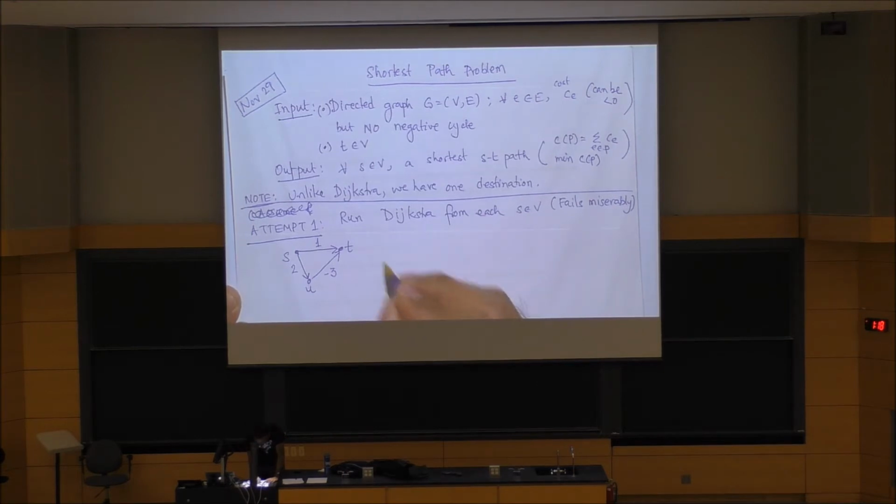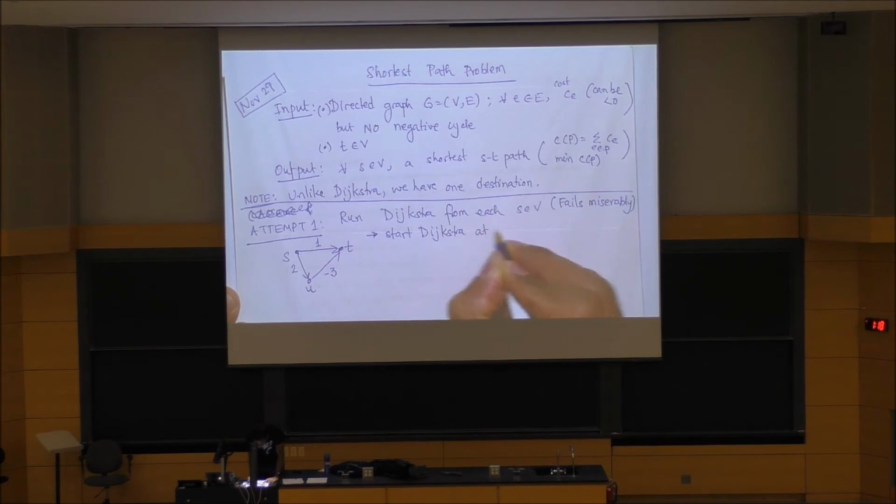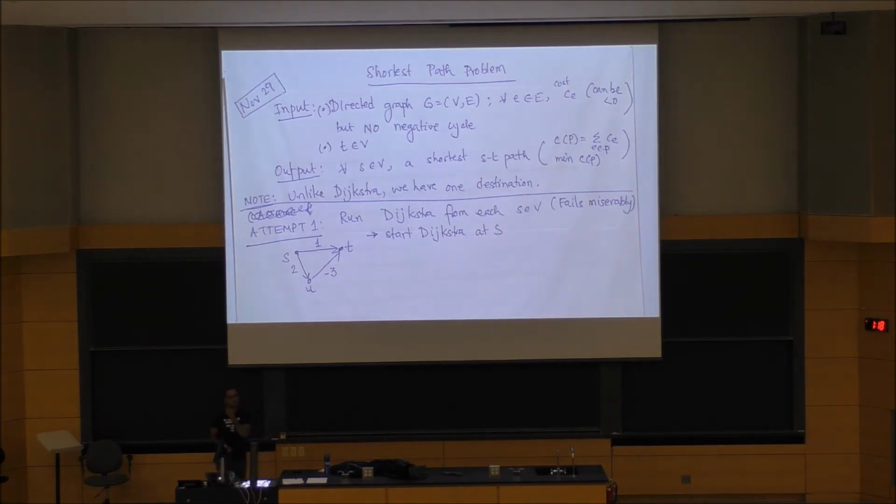And so now I start Dijkstra at S. What will Dijkstra do? It will look at all the neighbors of S, pick the one that has the shortest outgoing edge, and say that the shortest path from S to that chosen vertex is that shortest edge, right? Which in this case is T. But the issue is the shortest path is the longer one where you have to go via U. Okay.